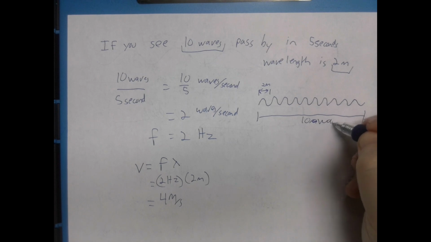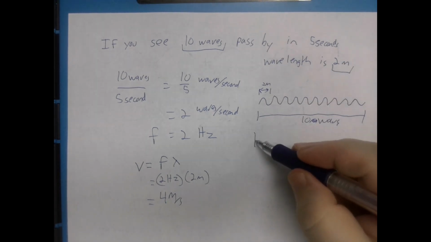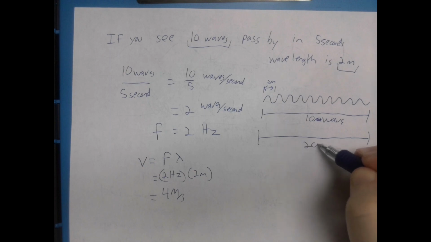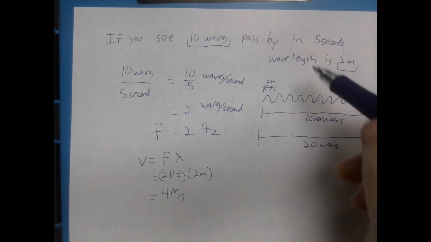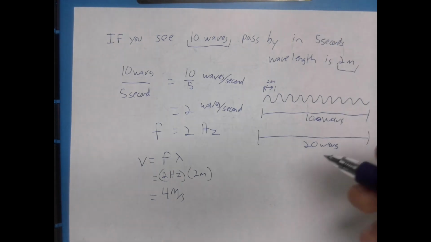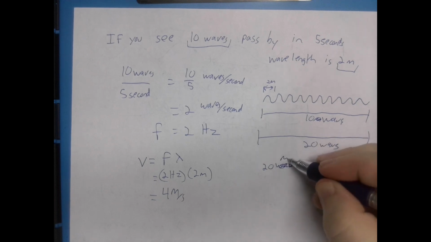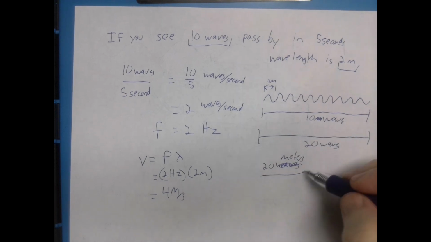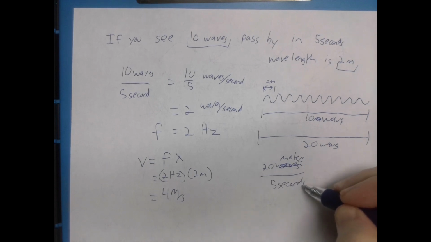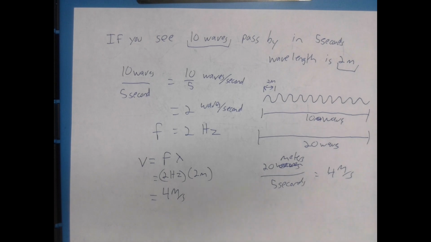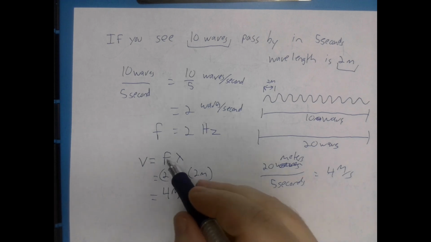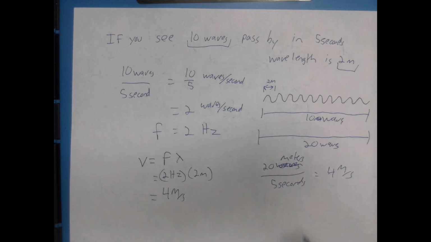That means this total distance is 20 meters. And we saw all 10 waves pass by in 5 seconds. So 20 meters, the length of all 10, divided by 5 seconds also gives you 4 meters per second. This is actually how frequency and wavelength come out. This is a different way of solving it.